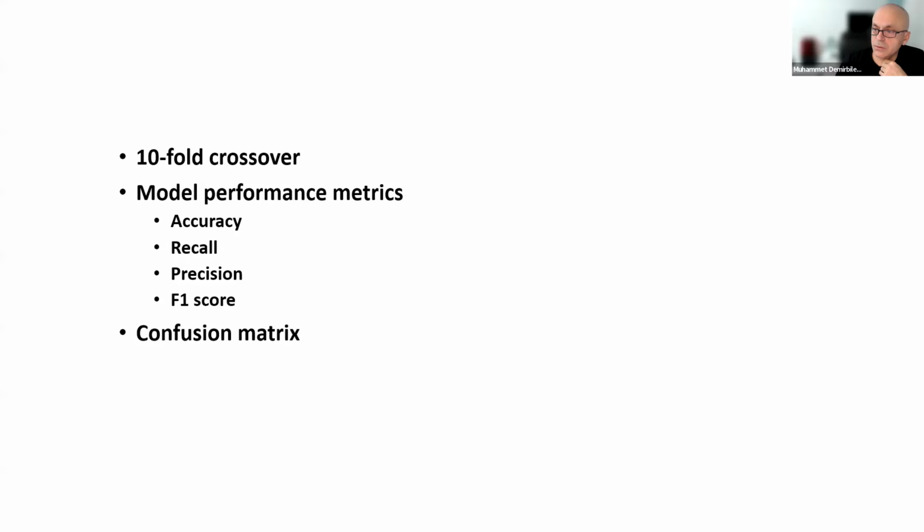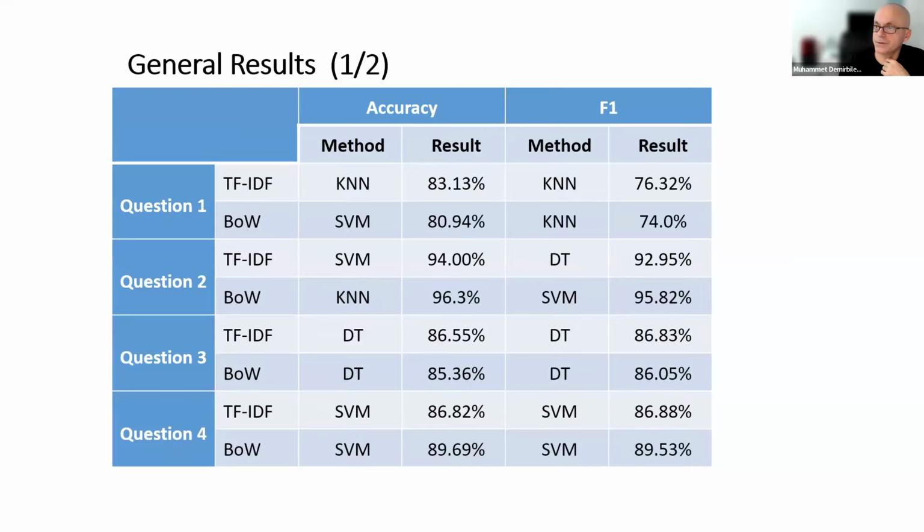Let me move on to the results for question one, question two, question three, and question four. We had a total of 8 questions for the middle school students. Those are the results of k-nearest neighbors, decision tree, and support vector machines with the two different methods, TF-IDF and bag of words, as you see here.